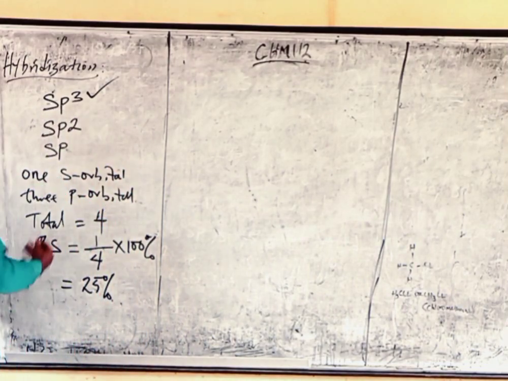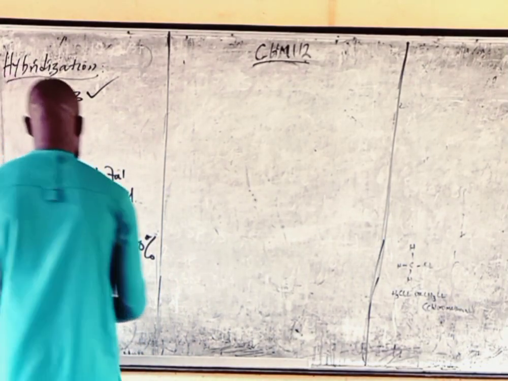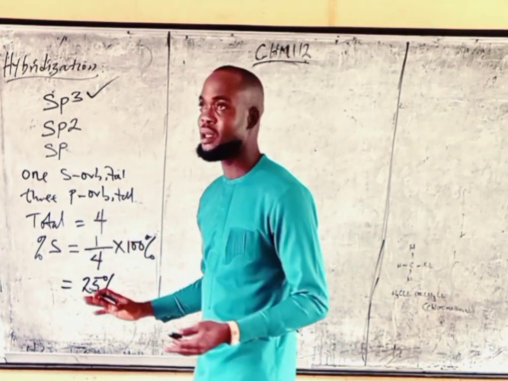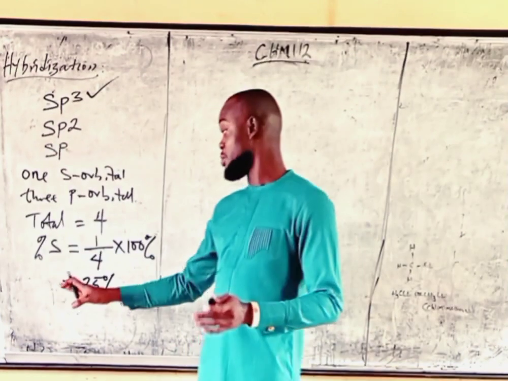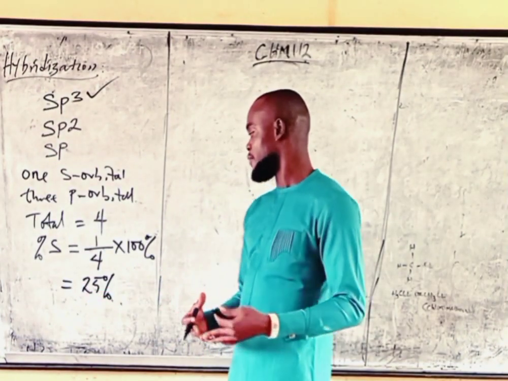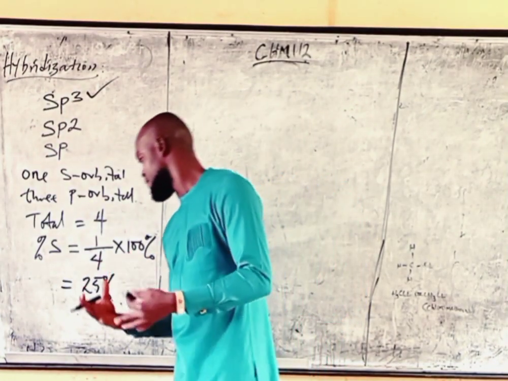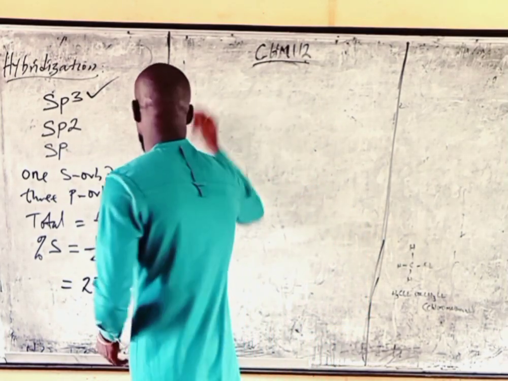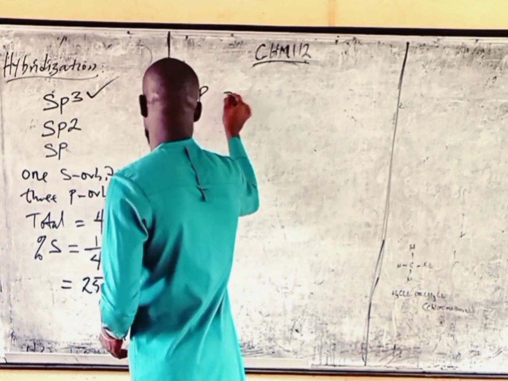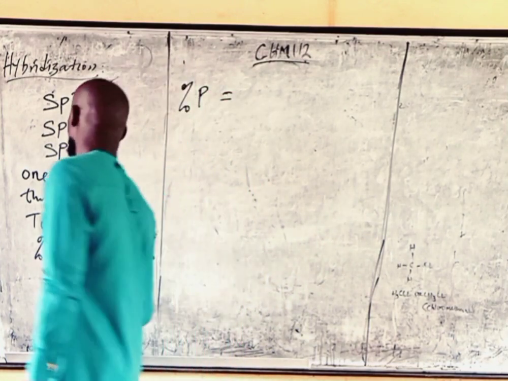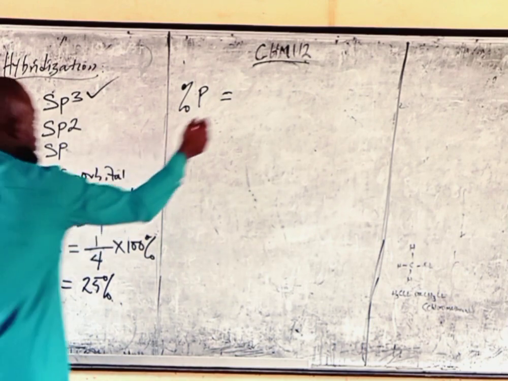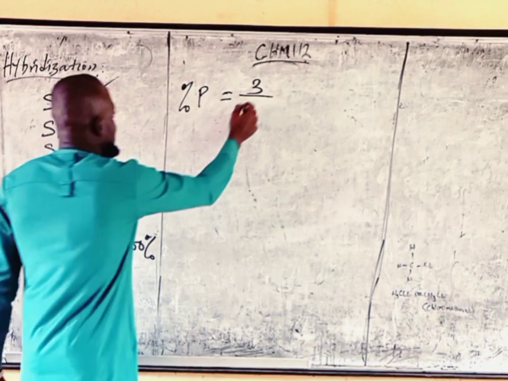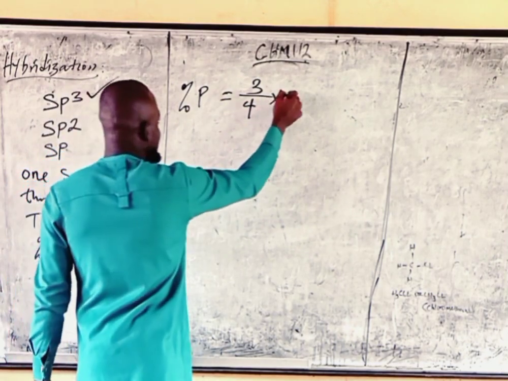Then let's check the percentage of p. Since we have just 2 of them, s and p, the total will give us 100%. You can just subtract 25 from 100, which gives us 75%. Let's also verify it: we have 3 p, so the total p is 3, over the total of 4 orbitals, times 100%.